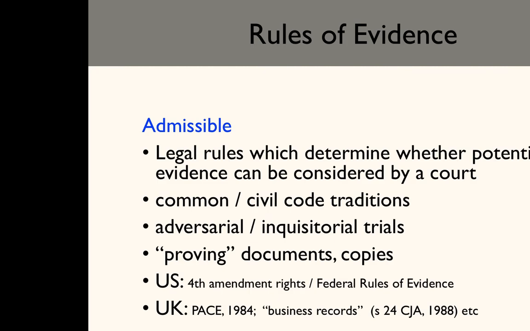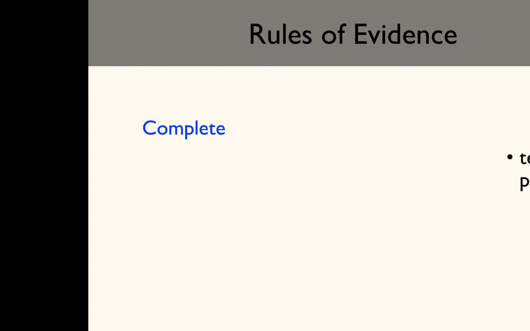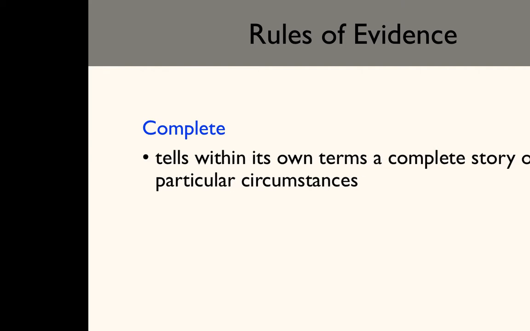Admissible means there are regular legal rules which determine whether potential evidence can be considered by a court. And obviously, there are several laws to regulate this. And completeness means the evidence should tell a complete story of a particular case.